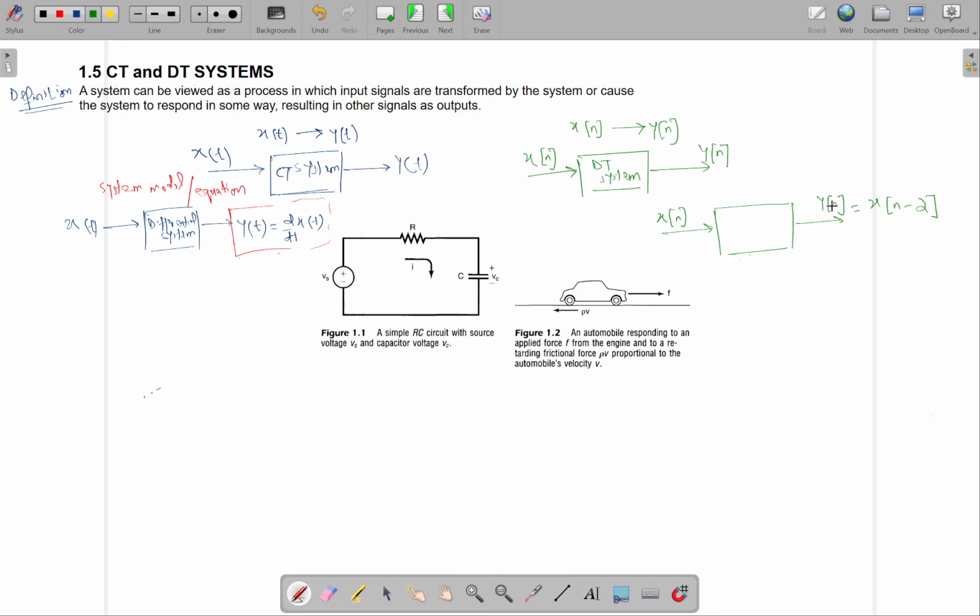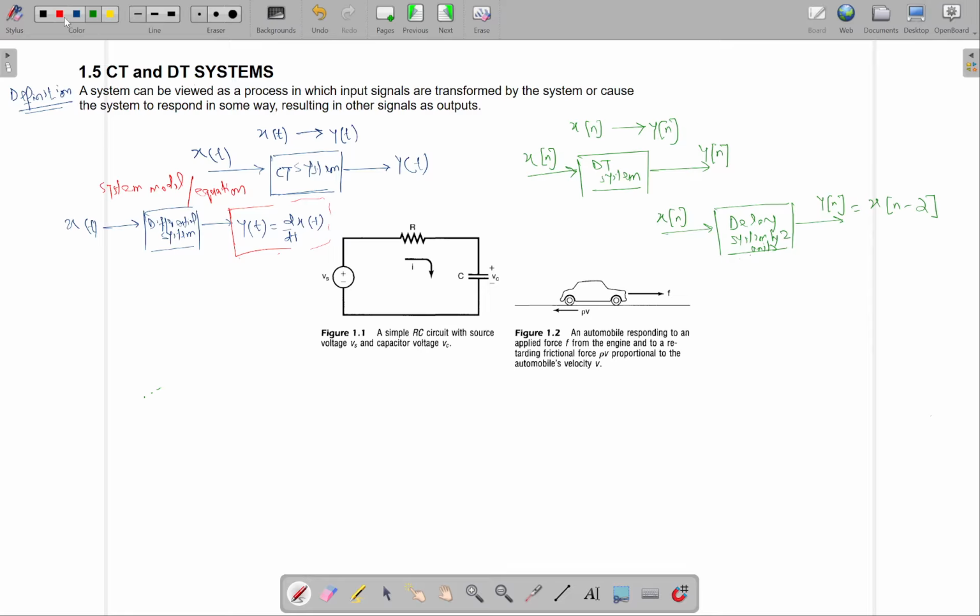That is, it's delaying my input signal. So this is actually a delay system by 2 units, and all it does is introduce a delay, or a shift towards the right, of the input signal.